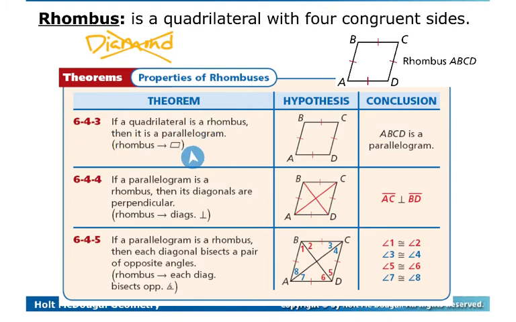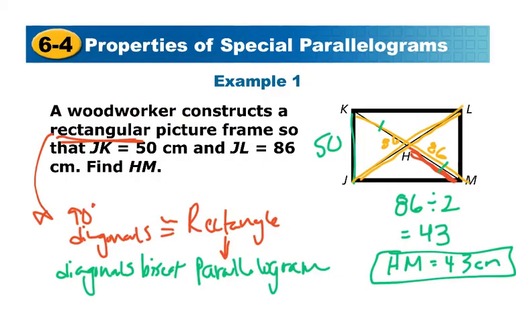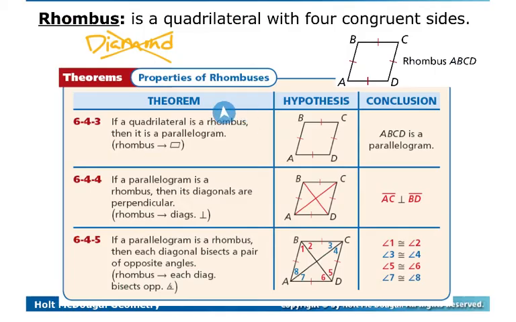So again, that one is going from this idea that a rectangle has parallelogram properties, but also a rhombus has parallelogram properties. The next one here is a parallelogram has diagonals that are not only going to bisect each other like any other parallelogram, they're also going to meet at 90 degrees.